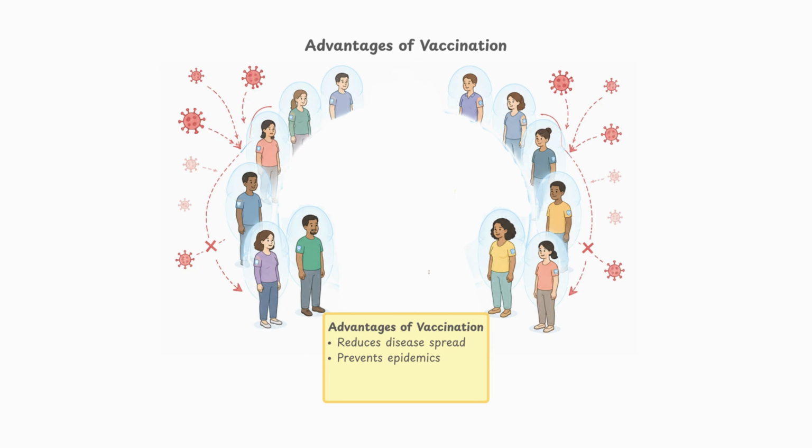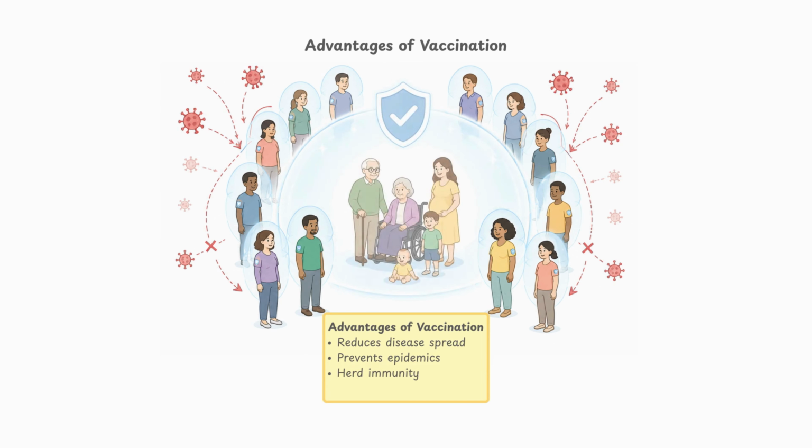When a high proportion of the population is vaccinated, herd immunity develops. Herd immunity helps protect vulnerable people who cannot be vaccinated, such as newborn babies and individuals with weakened immune systems. Vaccination programs have dramatically reduced the number of many serious diseases worldwide. Scientists hope that widespread vaccination may eventually help eliminate diseases such as polio and malaria as well.